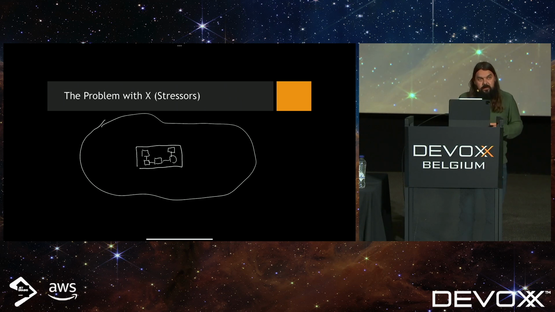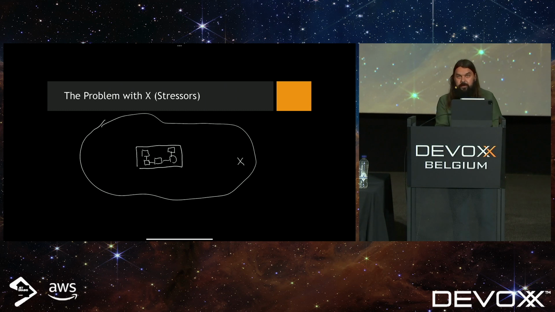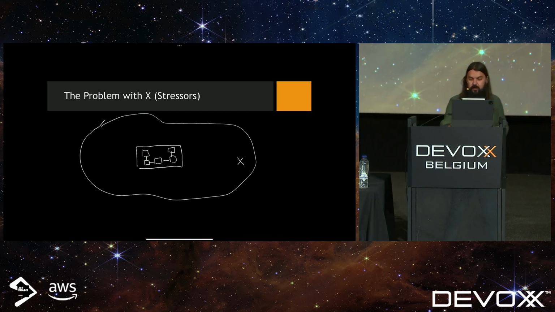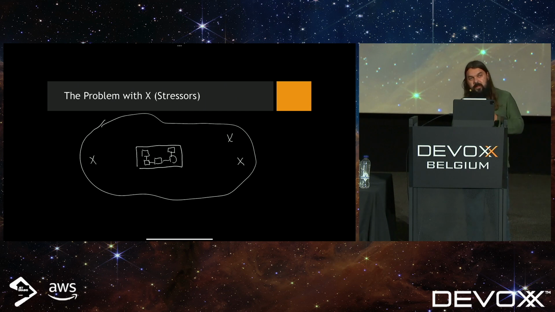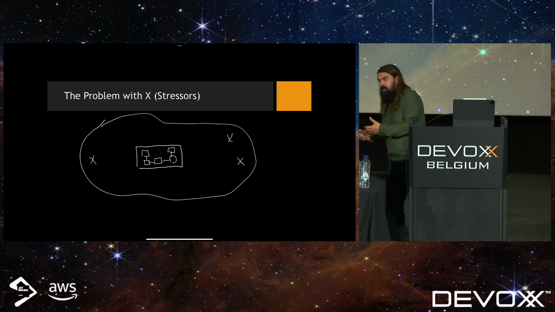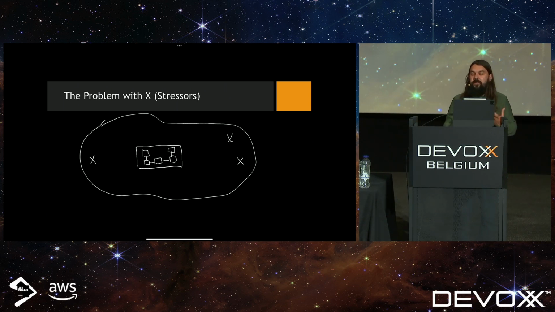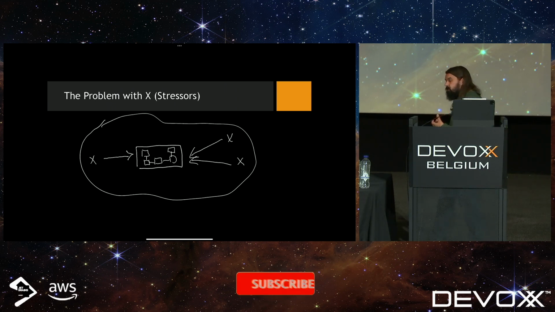And as soon as we do that, as soon as we deploy to production, things start to happen in this external environment, things that we cannot possibly predict or know ahead of time or control. And these things pop up all the time. Sometimes after we've put it into production, sometimes before you get to the end of your first sprint, these things will pop up and surprise you. And when that happens, they stress the architecture. They cause it to crumble.